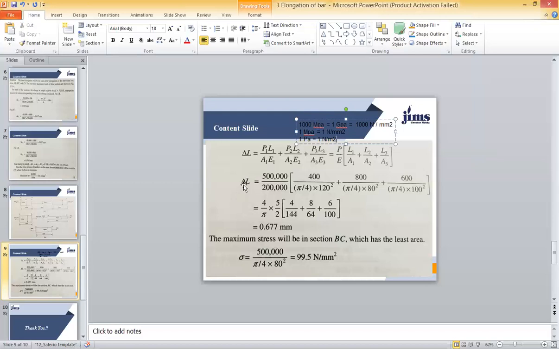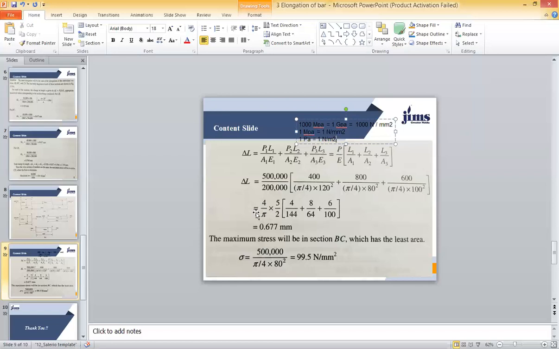Now delta L is equal to P by E, bracket. L1 is 400 over pi by 4 times 120 square, where 120 is the diameter, plus the second length, which is 800, over pi by 4 times 80 square, plus 600 over pi by 4 times 100 square, that is diameter.